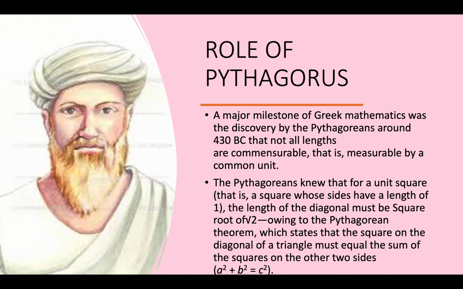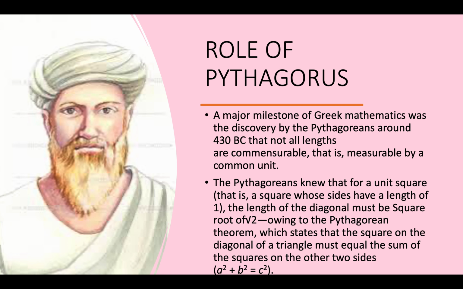Role of Pythagoras in the development of algebra. A major milestone of Greek mathematics was the discovery by the Pythagoreans around 430 BC that not all lengths are commensurable, that is, measurable by a common unit.